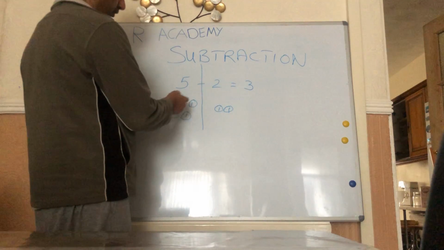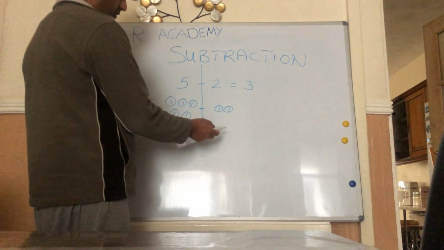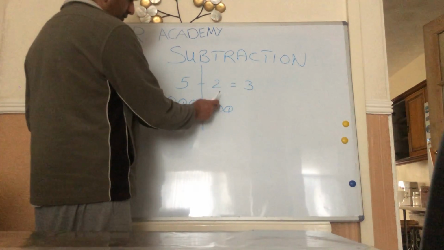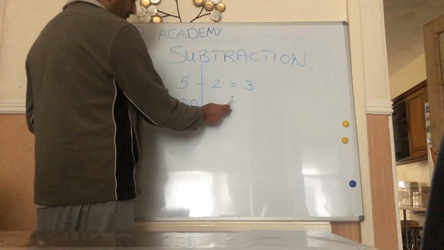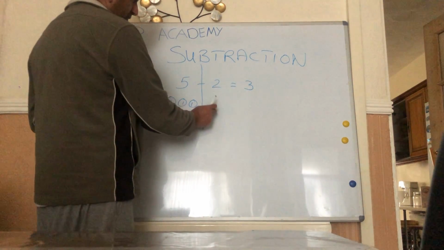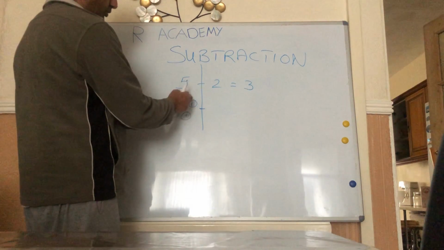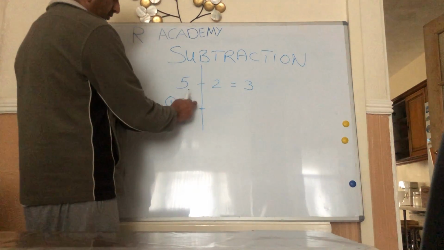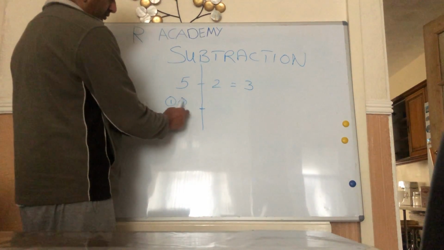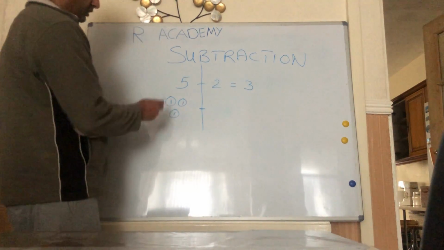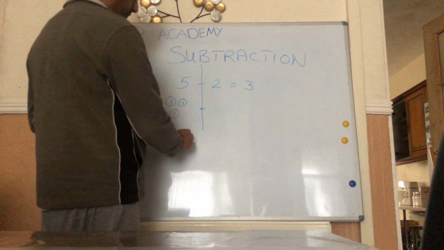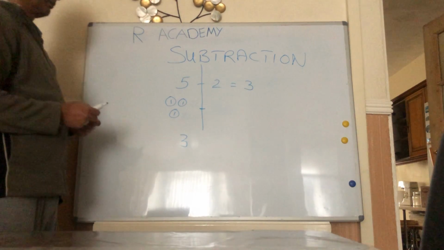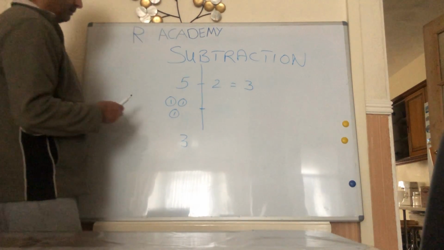So 5 minus 2, so you take these 2 off, and you're saying you have to take 2 off from here. Any 2, doesn't matter. So now you're left with 3. Just another way of doing it.